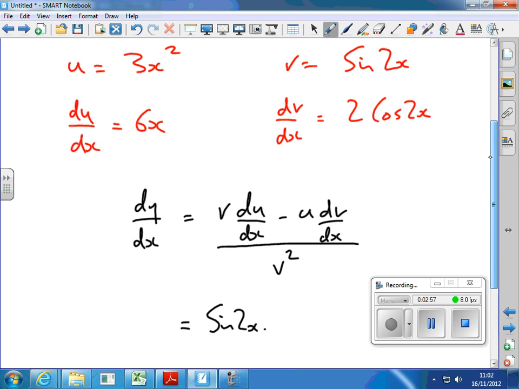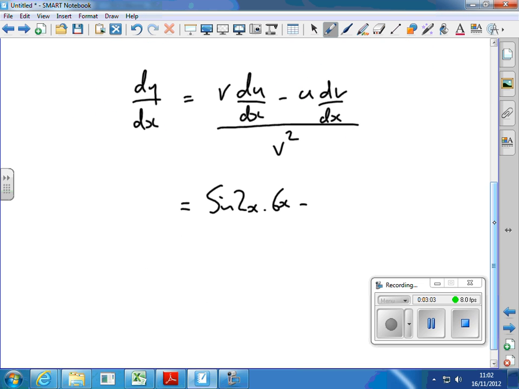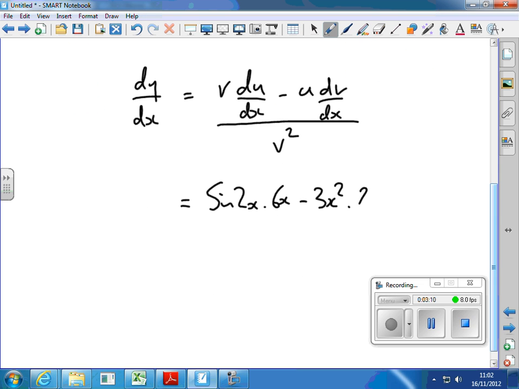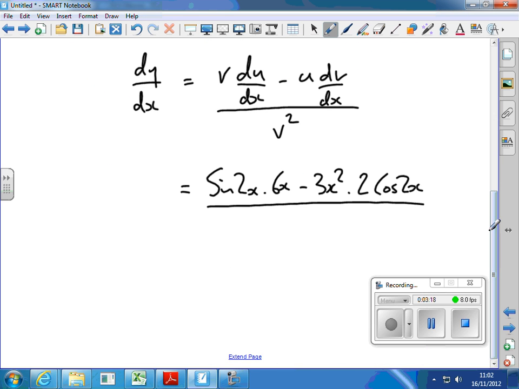What is du by dx? 6x, minus u, which is 3x squared, times dv by dx, which is 2 cos 2x, all over whatever the bottom function is, which is sine 2x squared. So just put a bracket around it and square it. And that is the answer.